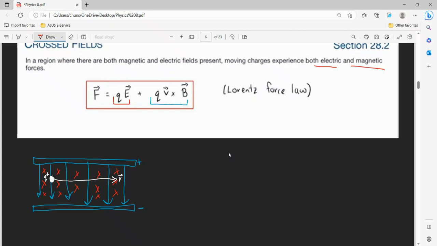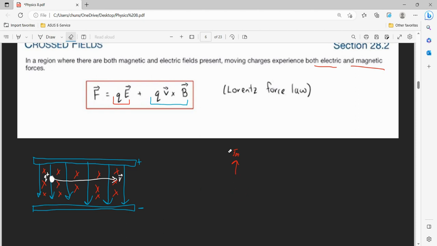So if we use our right-hand rule, start with our hands pointing in the direction of our velocity. And once we curl them into the page where our magnetic field is, we see that our force points upwards. Right, so that is our magnetic force.